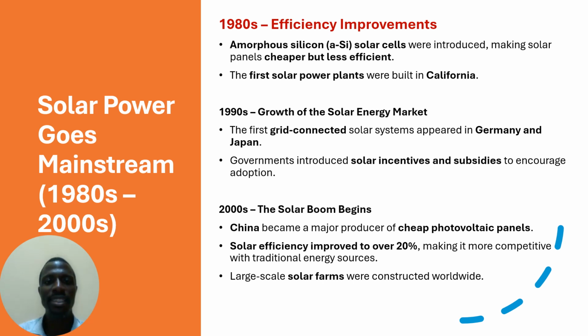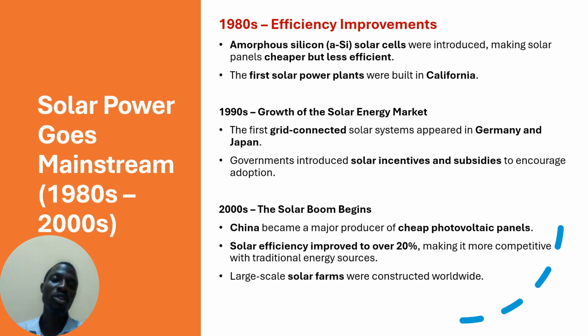By the 1990s, the growth of the solar energy market had increased tremendously, and the first grid-connected solar systems appeared in Germany and in Japan. Government introduced solar incentives and subsidies to encourage the adoption of solar energy.